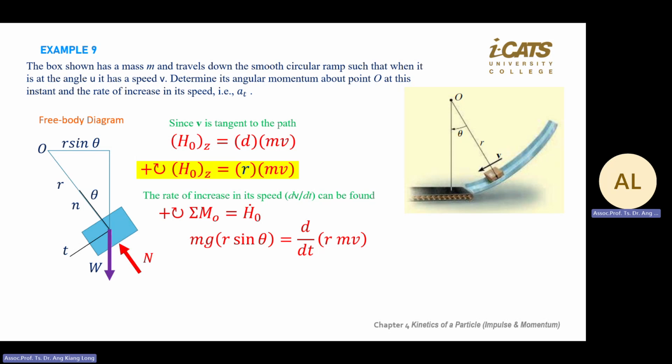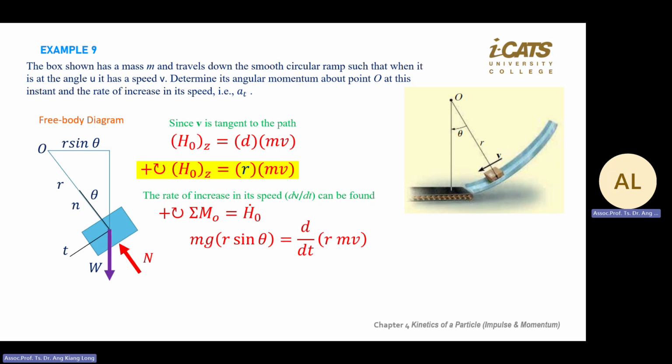Actually I should write mg sine theta multiplied by R, but it's the same thing. Moment is solved by force multiplied by perpendicular distance, because you don't want to disturb the R. R is always constant.